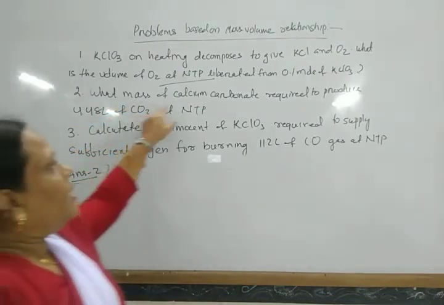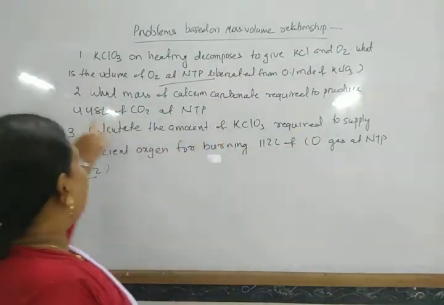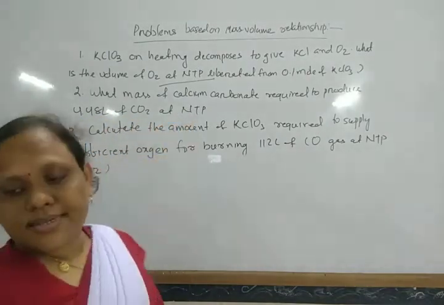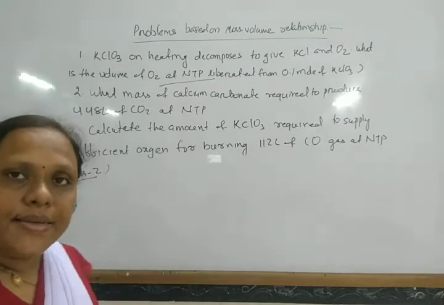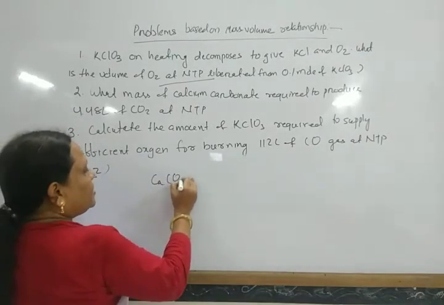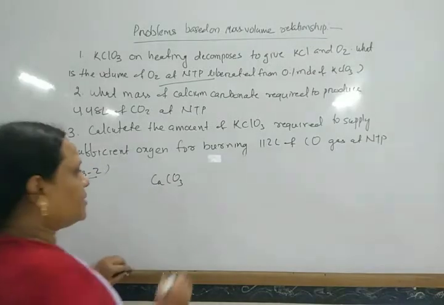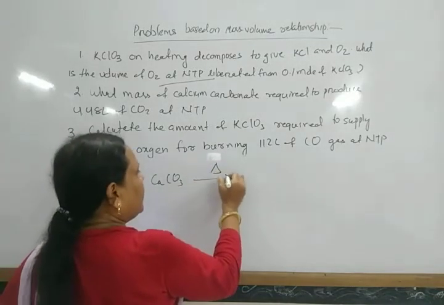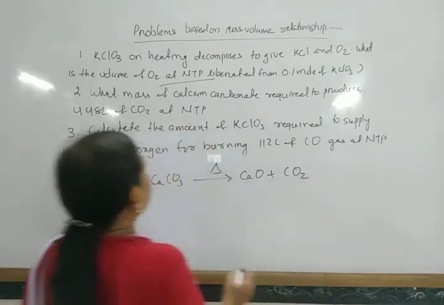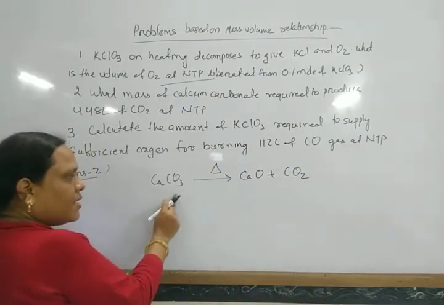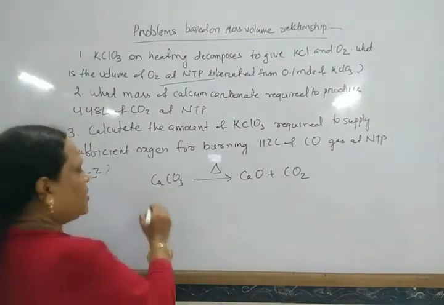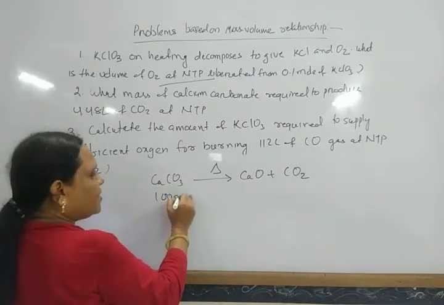What mass of calcium carbonate is required to produce 4.48 liter of carbon dioxide at NTP? So given CaCO3, first the balanced equation: on heating it gives CaO plus CO2. And what is its molecular mass? 40 plus 12 plus 48, that is equal to 100 gram.